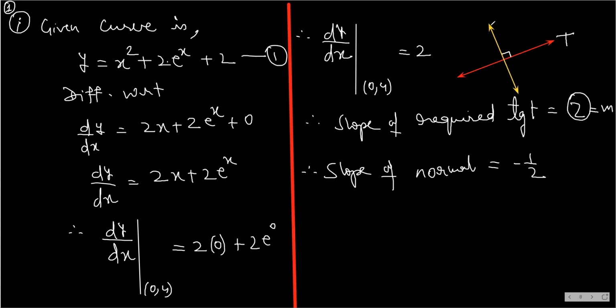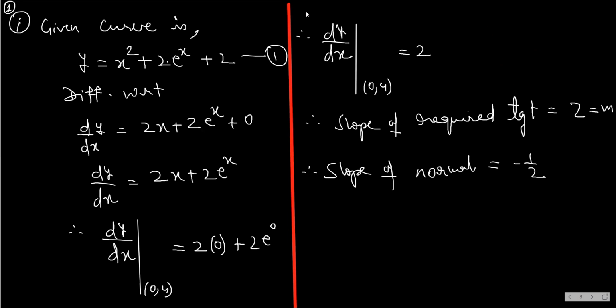This is tangent, this is normal. Slope of tangent into slope of normal will be negative 1. So if the slope of tangent is 2, slope of normal will be negative 1 by 2. This is what you got.